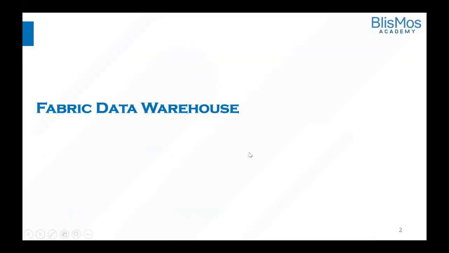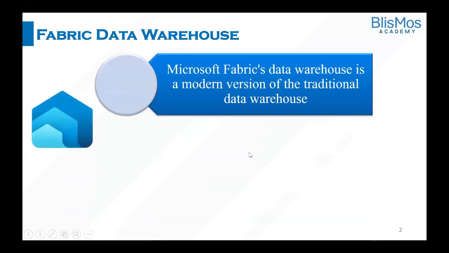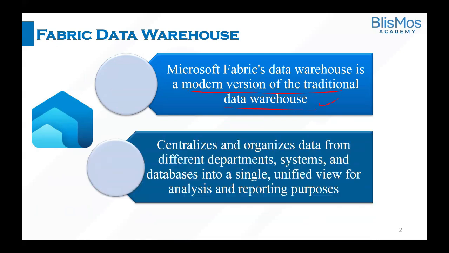So now, Fabric data warehouse is a modern version of the traditional data warehouse. It centralizes and organizes the data from different departments, systems, and databases into a single unified store for analysis and reporting purposes.